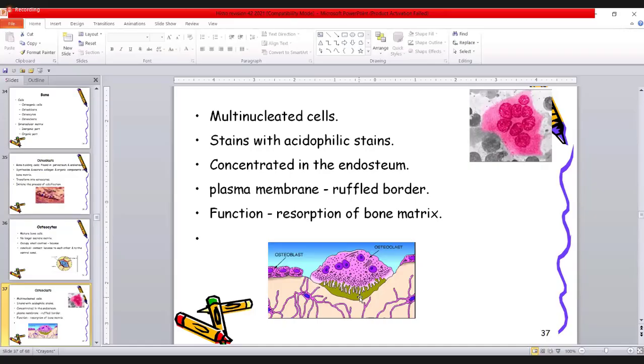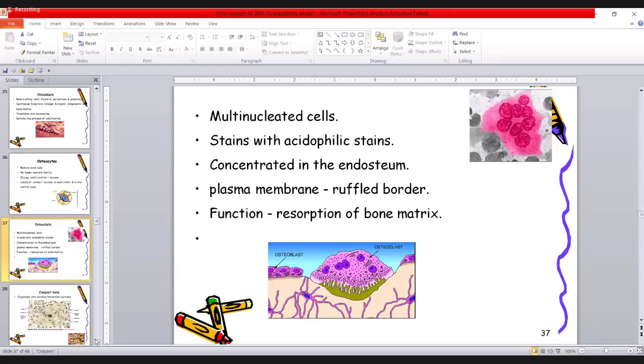Yes, that's the Howship's lacunae. So the ruffled border, multinucleated cell, strongly acidophilic stain, and the function is bone resorption, or we call them bone eating cells. So all these facts you need to write under osteoclast at least, right? Okay.